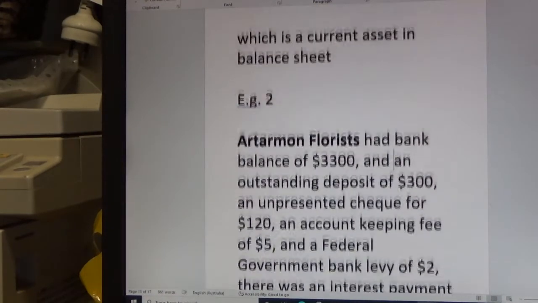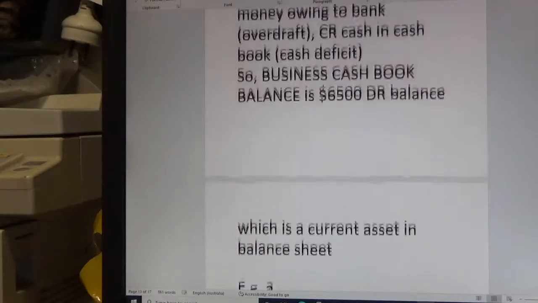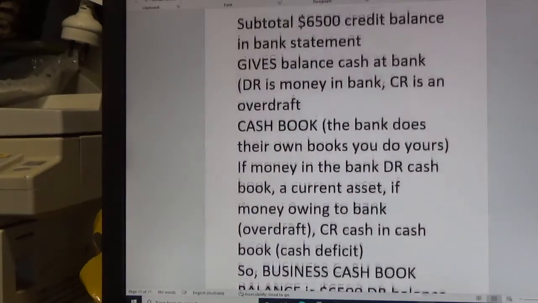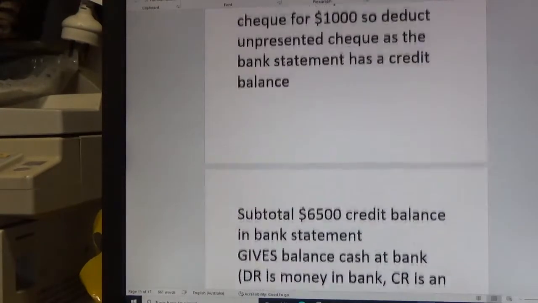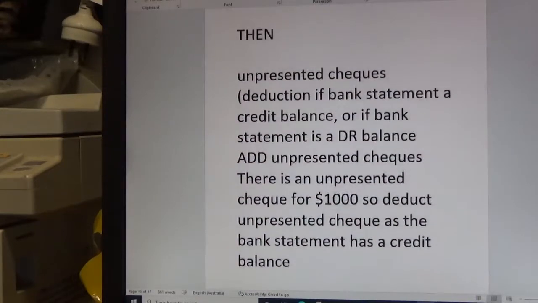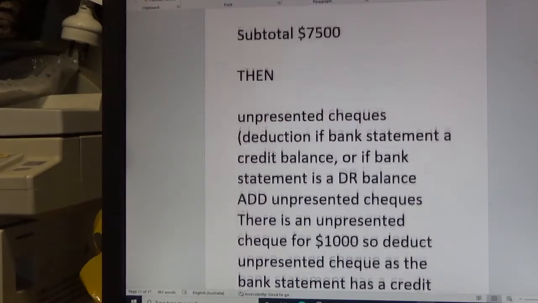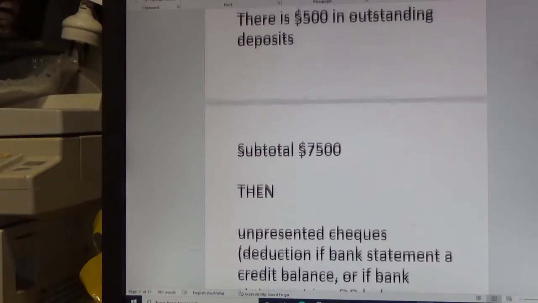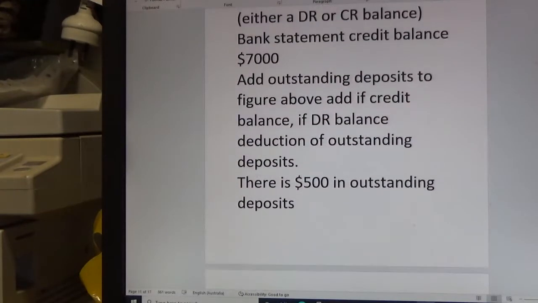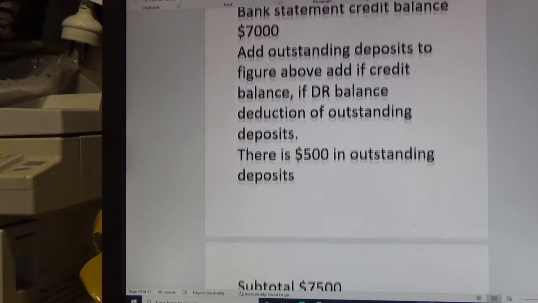Back here, we want to be really careful. Do we add? We don't want to make a mistake. Add outstanding deposits to the figure above if it's a credit balance. Yep, we do add outstanding deposits.